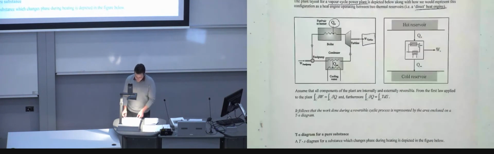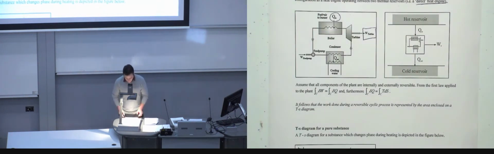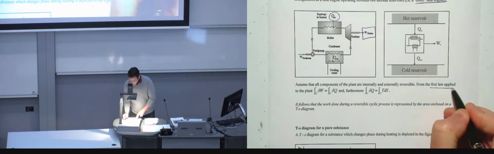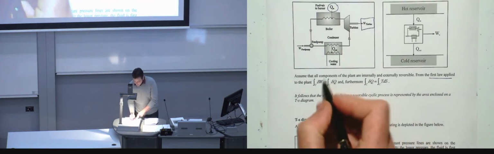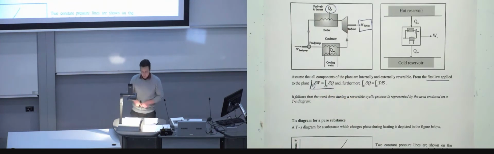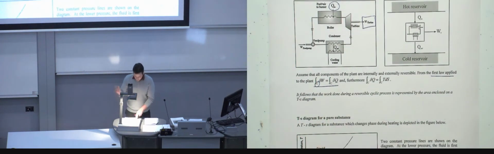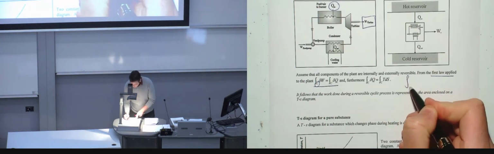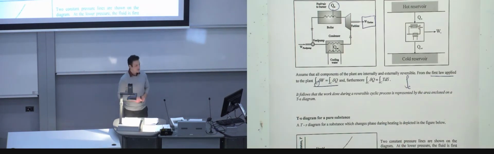So let's look at these four components. But before that, let's just remind ourselves of the first law when applied to a cycle, and of course this C represents cycle. By the way, I don't know if I mentioned, but you see this integral with C, which represents a cycle.